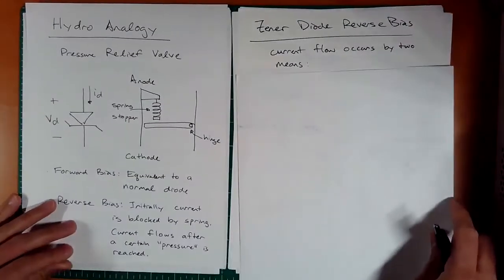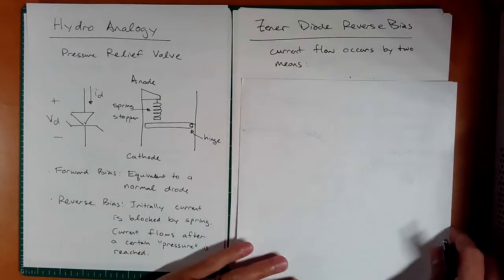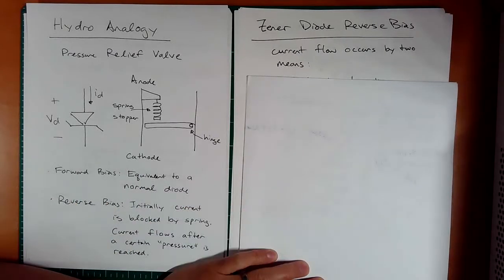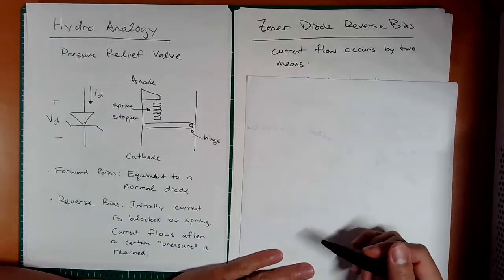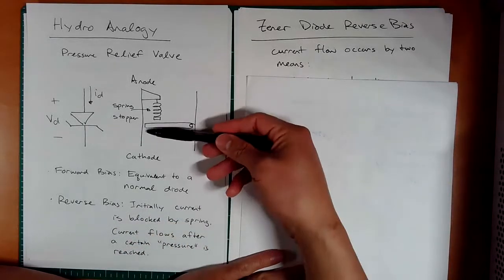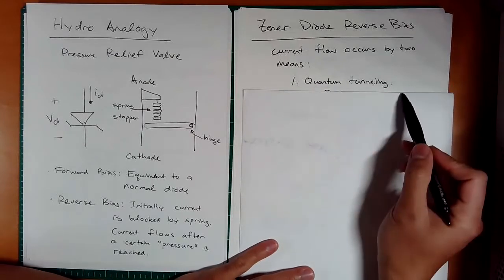So what's the mechanism that's going on in this reverse bias? Well, we talked about the forward bias mechanism in the last lecture with the holes and electrons and the doping. The reverse bias situation, why it allows current to flow, one mechanism is called quantum tunneling.